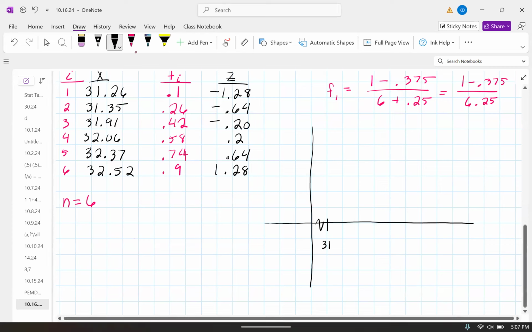All right, so 31, 2, 3, 4, 5, 6, 7, 8, 9. I need more space in this. 31, 2, 3, 32.1, 2, 3, 4. Okay, good enough.